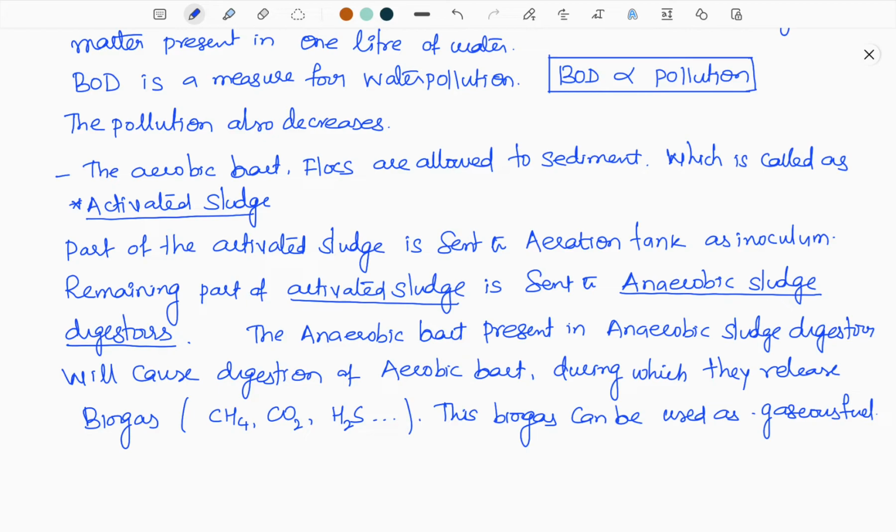So a statement is there that till now no man-made technology has been able to rival the microbial treatment of sewage. That is, nobody can substitute the microbes in purifying sewage.